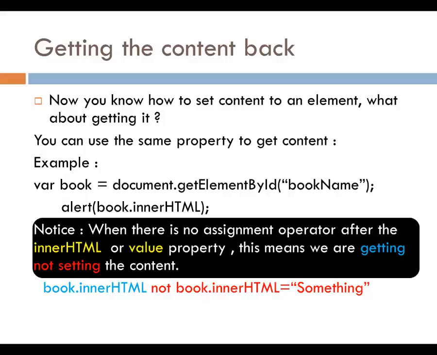So we simply say book.innerHTML, and that returns the value or the content that exists inside that particular element. So again, the difference is there is no assignment operator. When you put the assignment operator after the innerHTML, you are actually setting, not getting the value. So when you simply want to get the value, just say book or your variable dot innerHTML, not book dot innerHTML equal something.